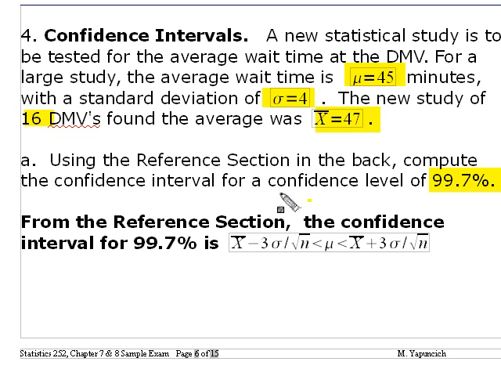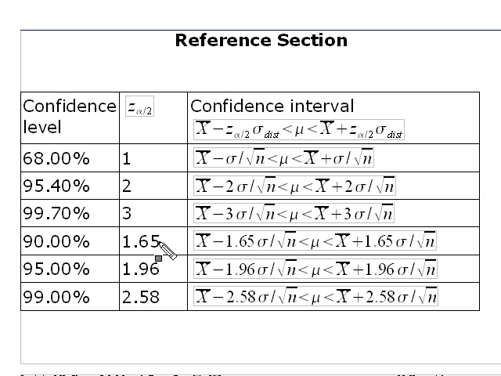When you look at the reference section, you can find 99.7%, you'll find the value for z alpha over 2, and you'll find the corresponding formula. For this example, here's your 99.7. You find that z alpha over 2 is 3, and here is the formula already written out. This is the formula for the confidence interval.